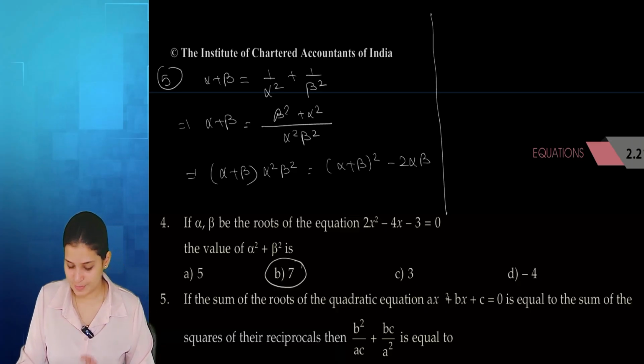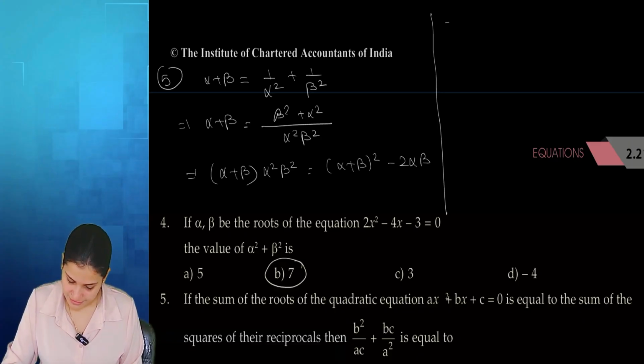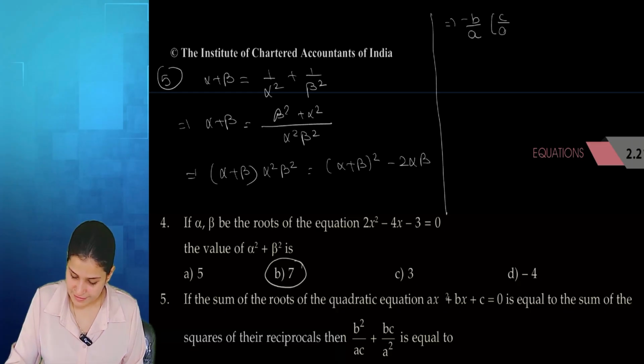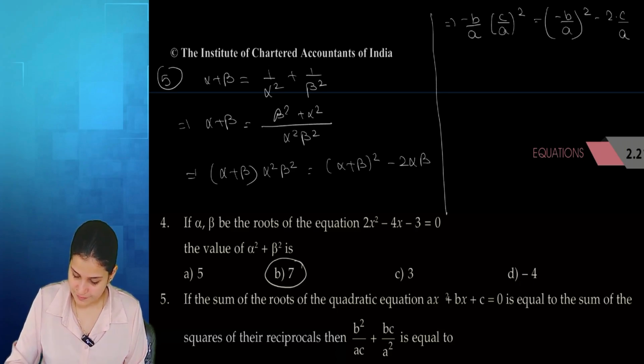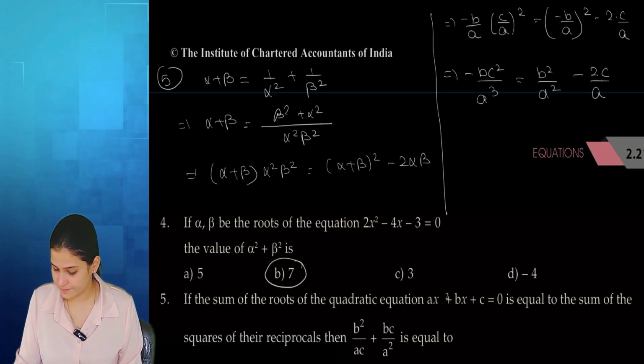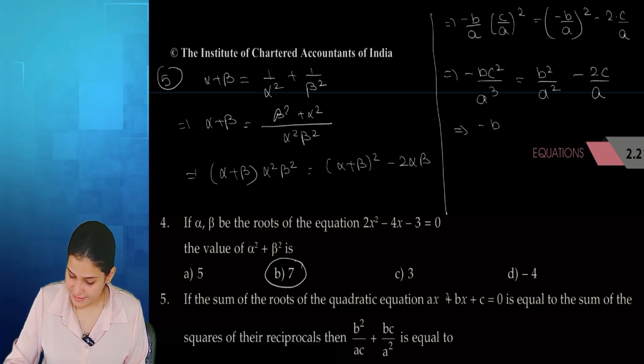Yes, let's put the value. Alpha plus beta is minus b by a. Alpha into beta is c by a. So this is minus b by a, and this is c by a, giving b square by a square minus 2c by a. From everywhere, let's cancel 1a.